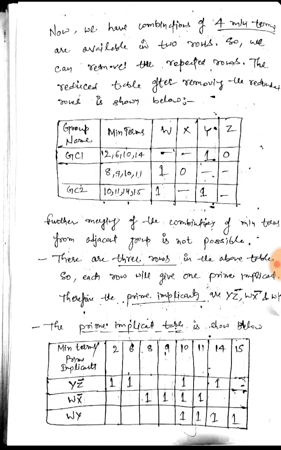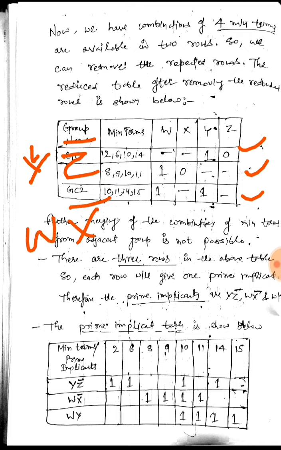For the first row it would be y z bar, as y is 1 and z is 0. For the second row it would be w x bar. Similarly for the third row it would be w and y.